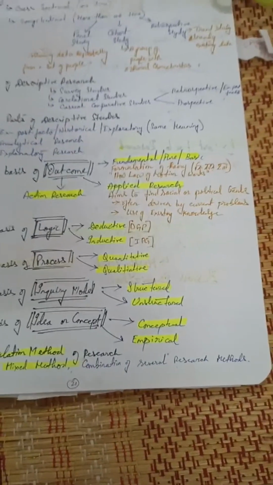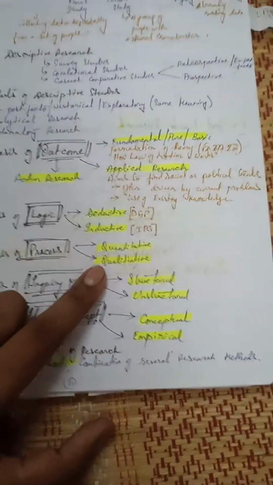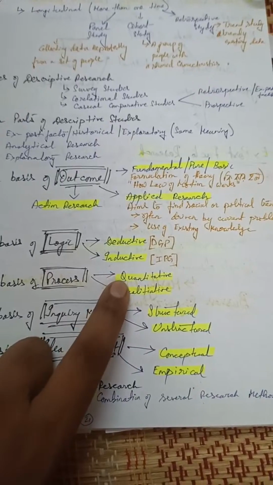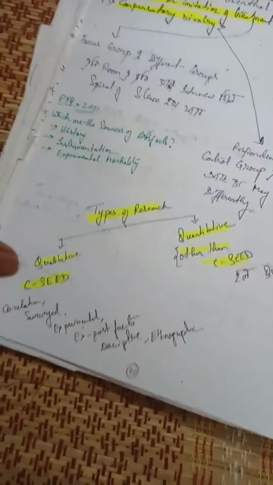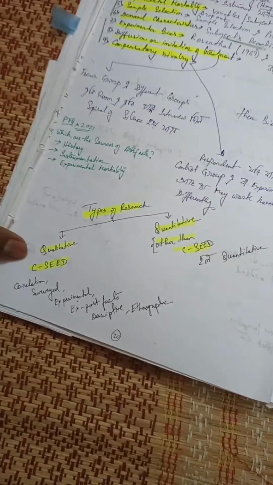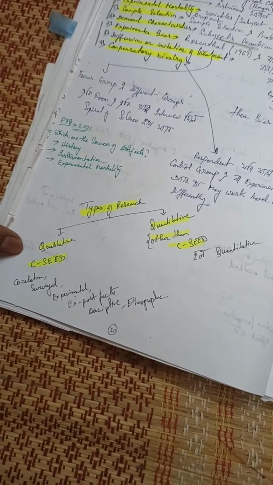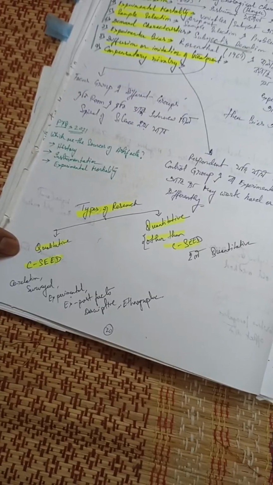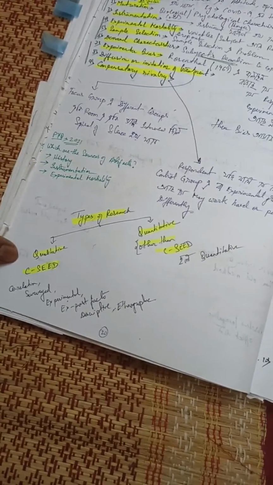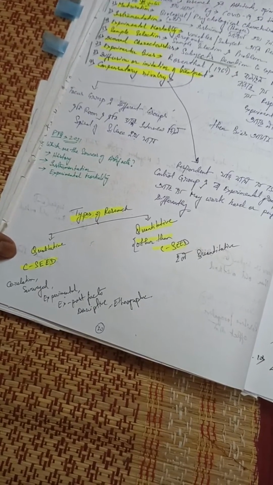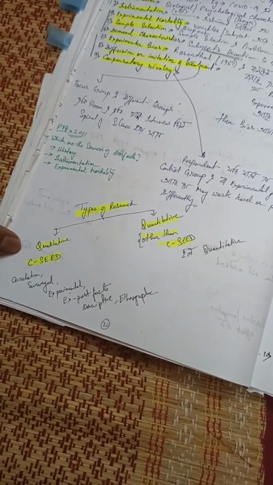On the basis of process, we have quantitative and qualitative. Now this is very important: identifying quantitative and qualitative data. We have a cheat code for types of research, and direct questions come from here. Suppose a question asks which type correlational research is, we can say it is qualitative, because any CSEED is qualitative and other than CSEED is quantitative. Now what is CSEED?